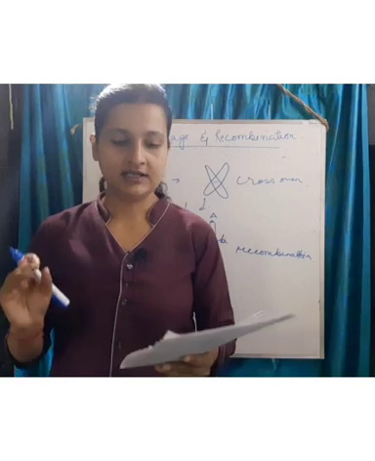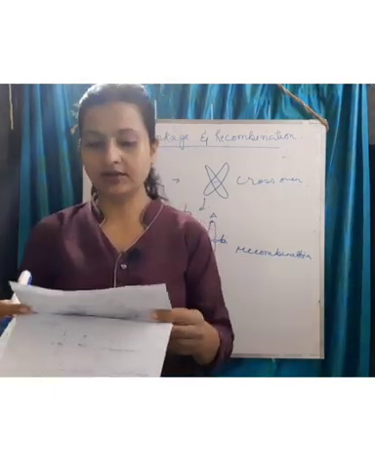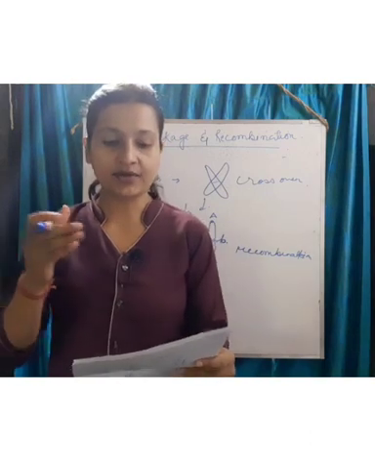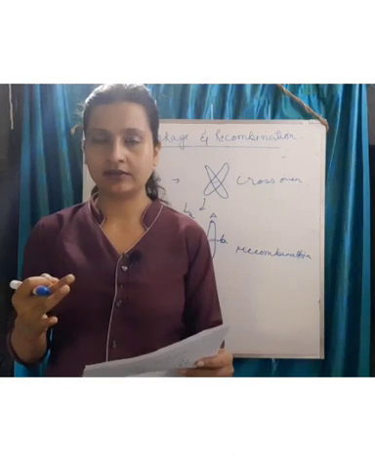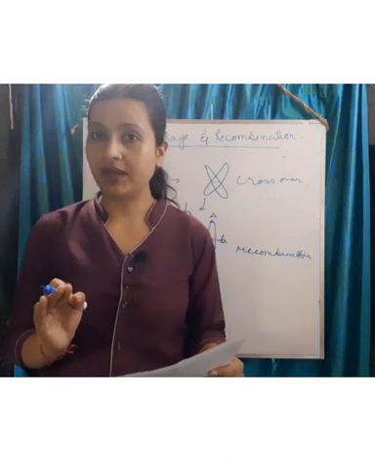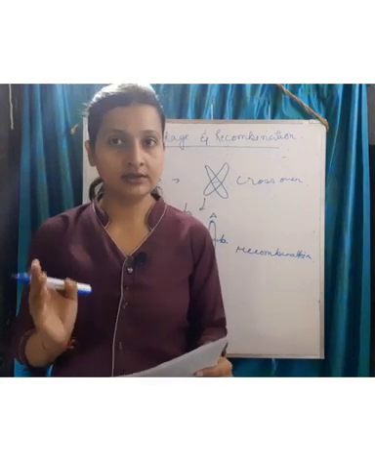Then body color, brown and yellow, and wing, miniature or large. So these were the traits: eye color, body color and wing. Eye color, red and white, remember this. Body color is brown and yellow, and wing is miniature or large.